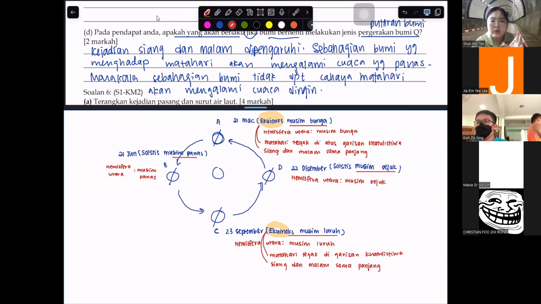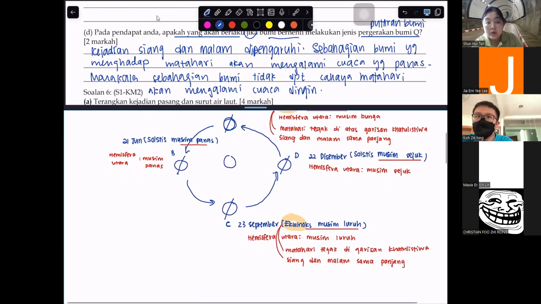Now, how about solstice? Solstice will be different. Normally they are talking about your sunlight actually being focused on either side. It's not equal anymore. It focuses on one of the sides. Solstice musim panas means your sunlight is focused on the north hemisphere.